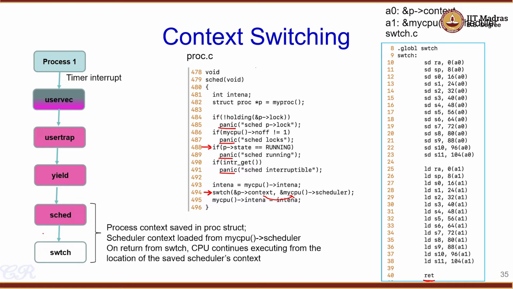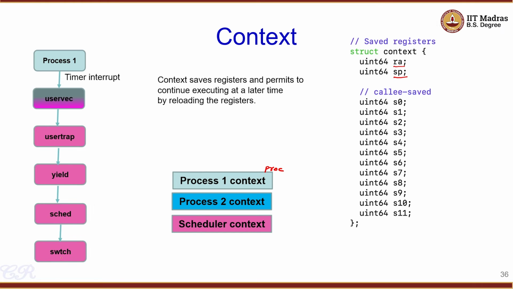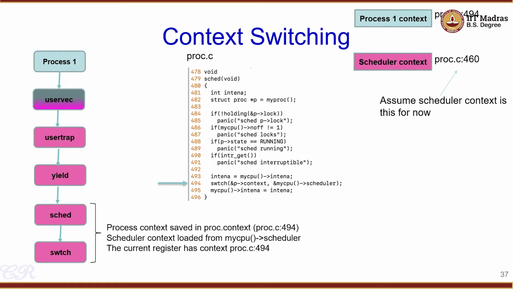So this sched, which invokes swtch, moves the CPU from the context of this process into the scheduler's context.